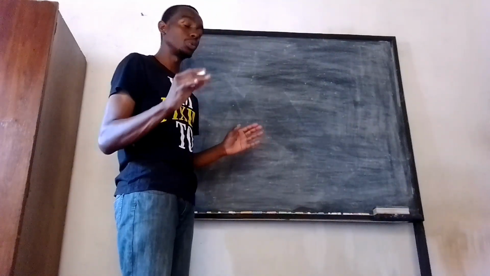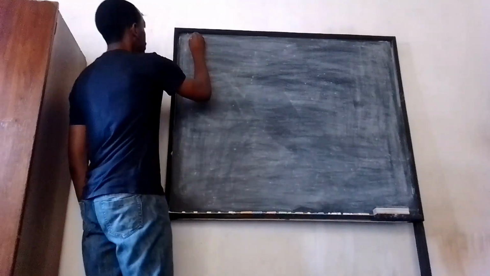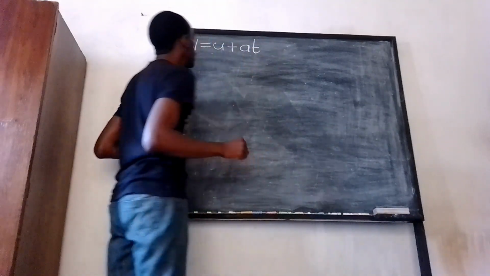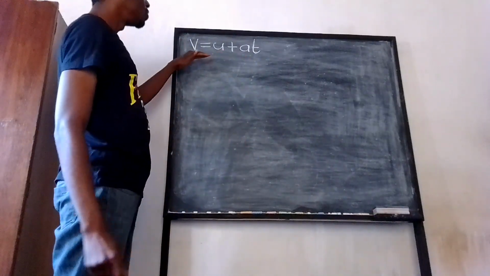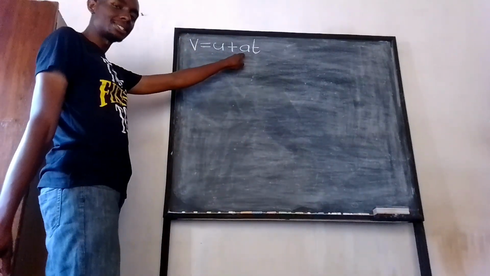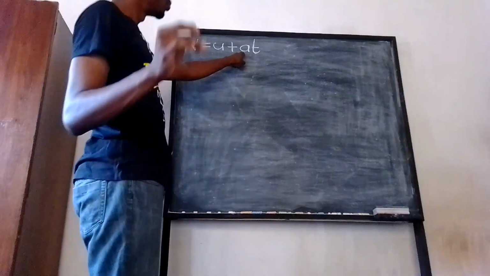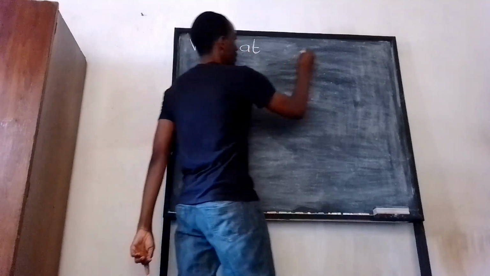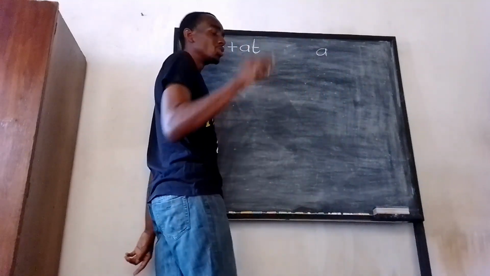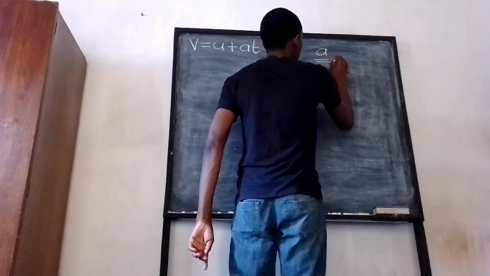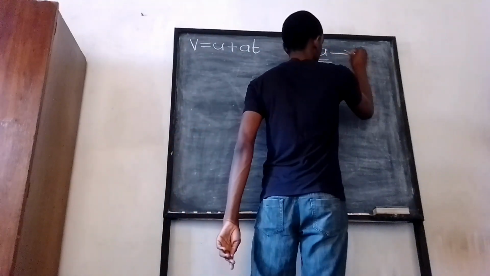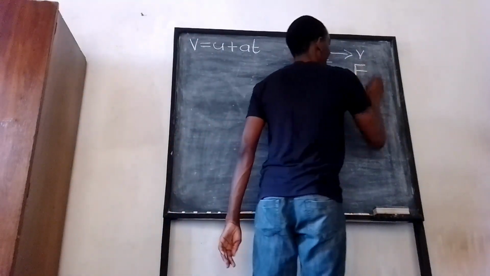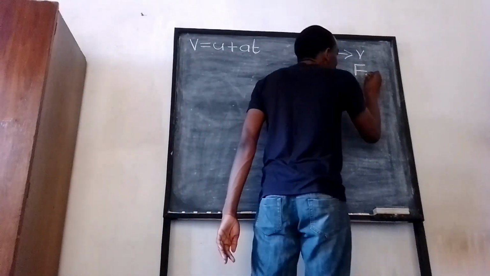Now, in order to understand the equation we just wrote, I'll rewrite it here: v equals u plus at. In order to understand this equation, you have to really understand what a means. If you watched the previous video where I was talking about force and Newton's second law, then you'll understand that a, what we call the acceleration, is nothing more than the velocity imparted by a force in a single instant in time.